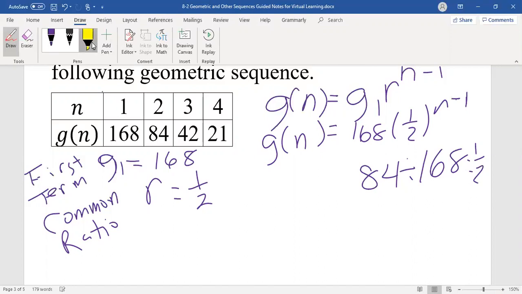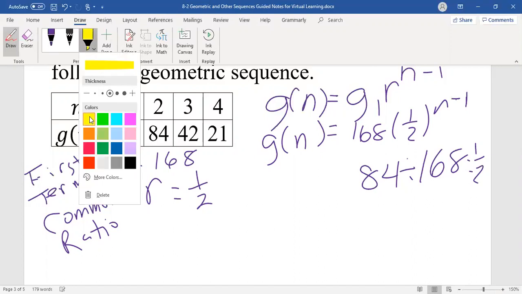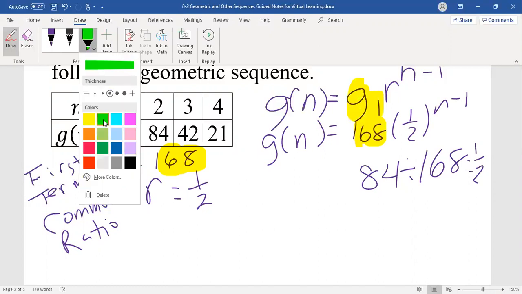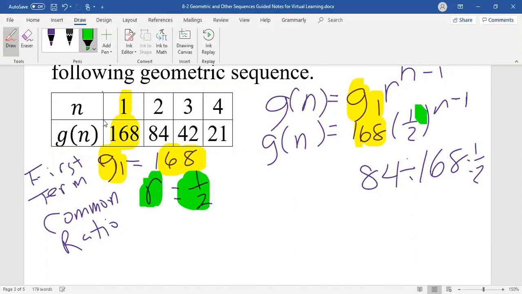And I'll use the color scheme of yellow for my G1 and green for my common ratio. This is my explicit formula.